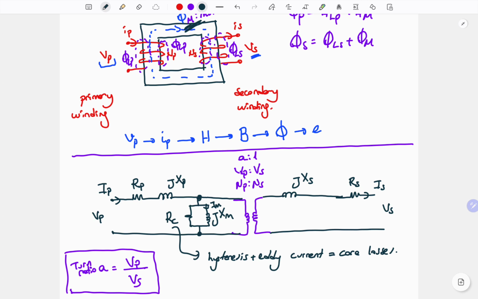So when you want to obtain the secondary side voltage, according to Faraday's law, you need to obtain time varying mutual flux. It will be the main parameter for the secondary side voltage production.